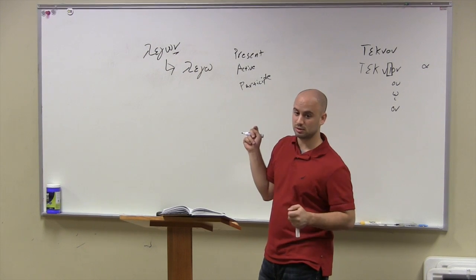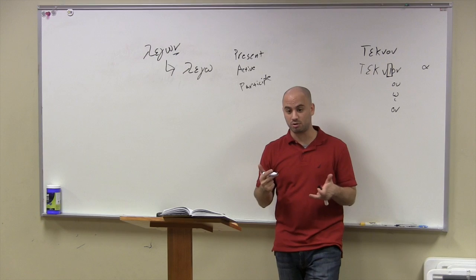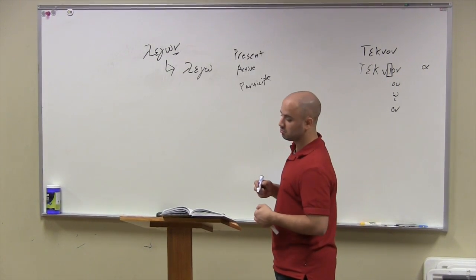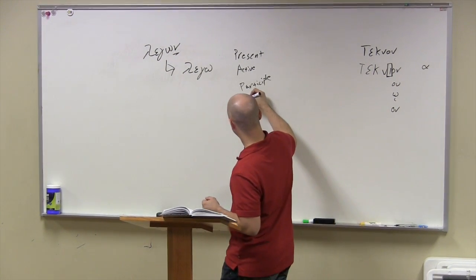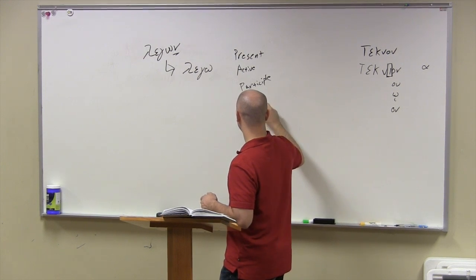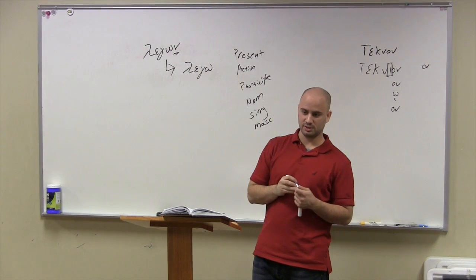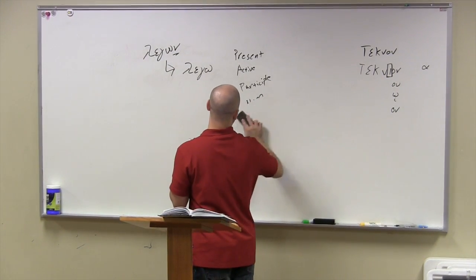And we can get all of this conveniently from the ho article. So if you just look at ho, give me case, number, and gender from that. Nominative, singular, masculine. Good. All right, and now to get to egnōka.